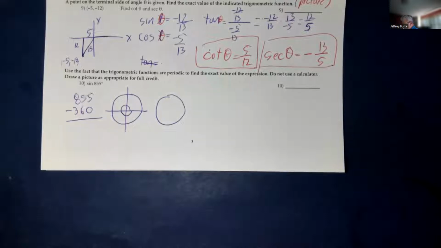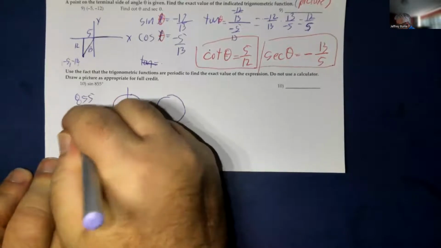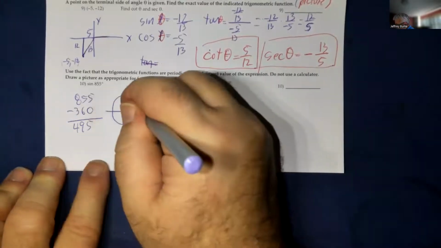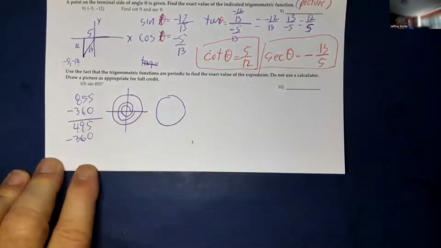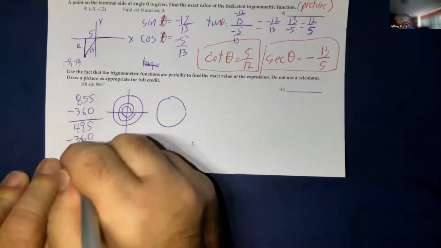Generally speaking, I trust my math, but I think this is going to be 495. Hang on. 855 minus 360. Yes, 495. So which means I'm going to need to go around one more time. Okay, so minus 360. That's going to be 135.